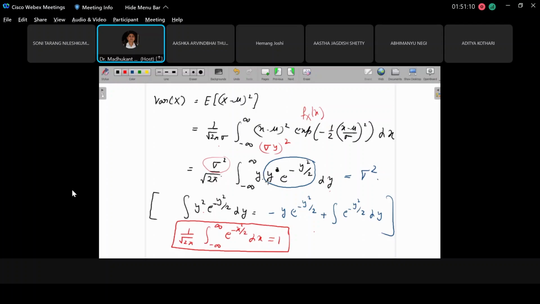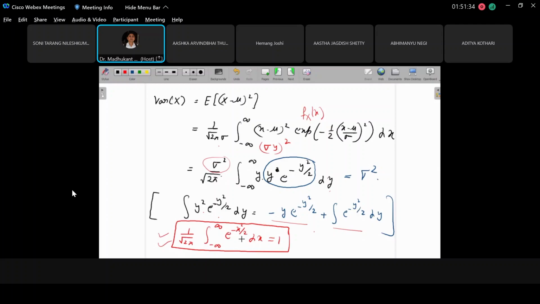So you take y times y e to the power minus y square by 2, because you can integrate this. When you do so, this can be written as follows, and you can also use the fact that 1 upon square root of 2 pi, integration minus infinity to infinity, e to the power minus x square by 2 dx is 1.